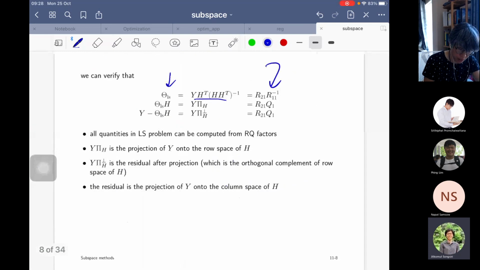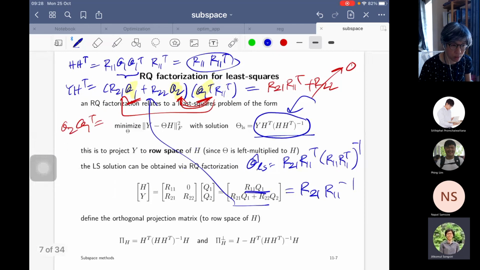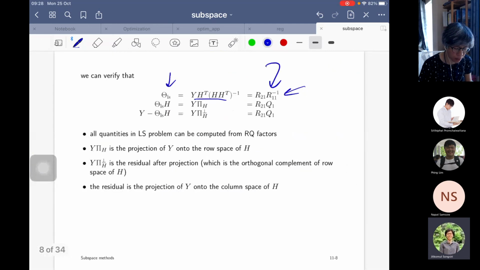And that is given by this expression. So this is how you actually compute the least square estimate numerically: perform RQ factorization, and every quantity that is involved in the least square estimation can be obtained from the RQ factors.